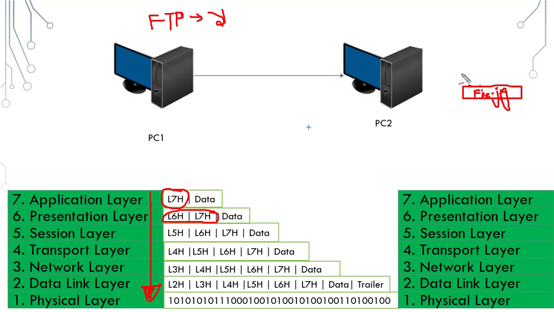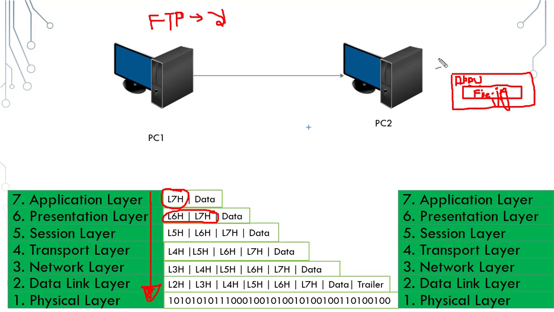So what the application layer does is put the data inside a box and give it a label called application PDU, using its own control information and certain things that it inserts itself.